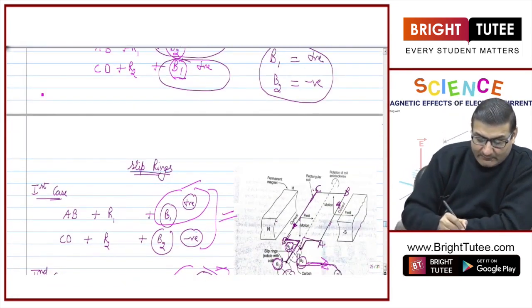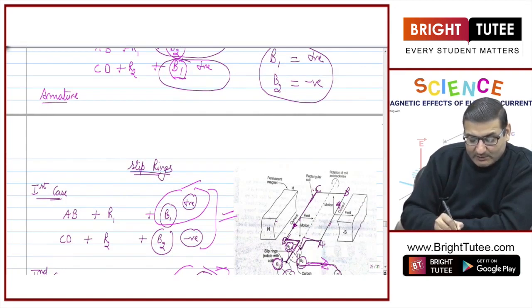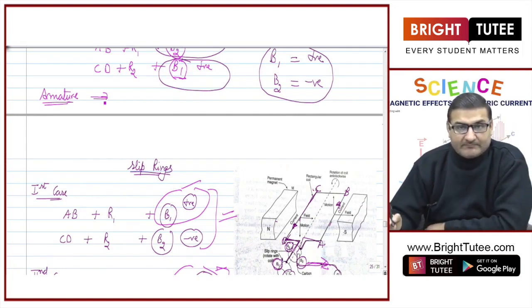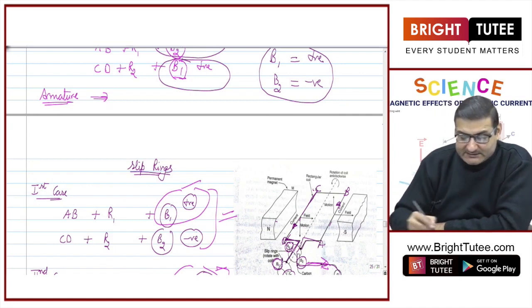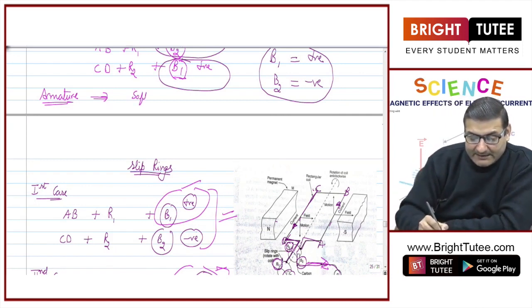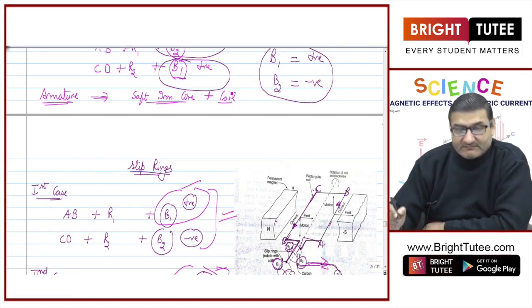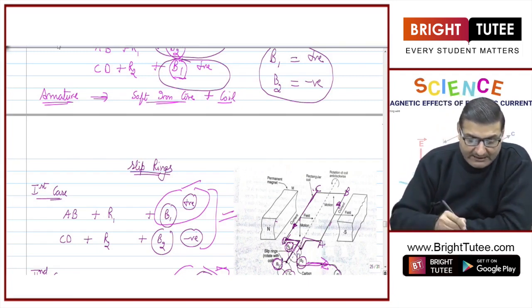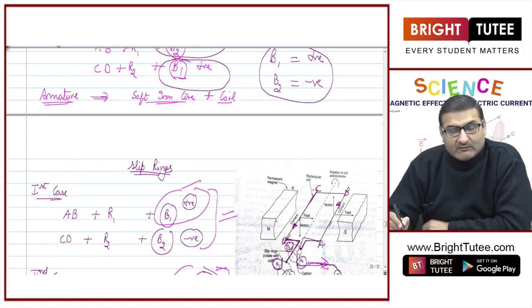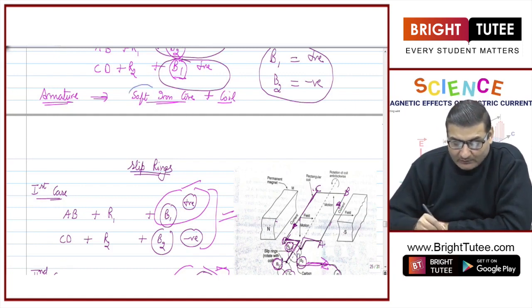One more thing that you need to know is the armature. You need to know what an armature is. For better magnetism and electromagnetism, we take a soft iron core material and wind the coil over this soft iron core.